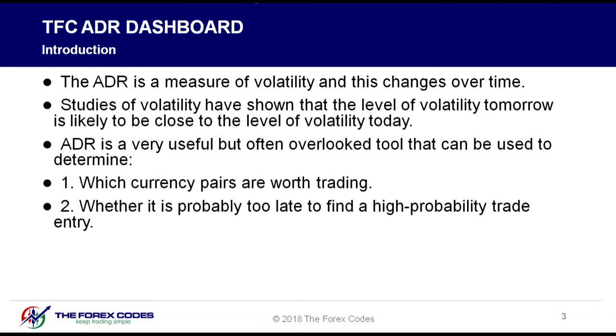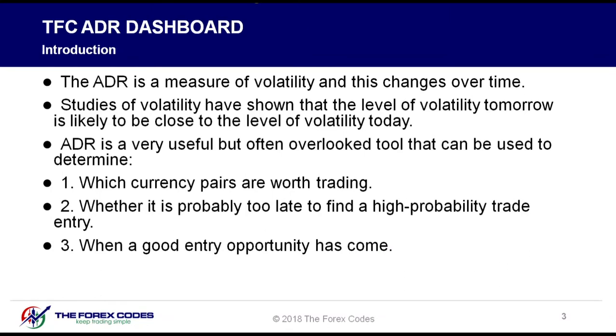Number 2, whether it's probably too late to find a high probability trade entry. That's similar to the first, but if much of the ADR is gone, you're not going to find a high probability trade. It's also useful for when a good entry opportunity has come.